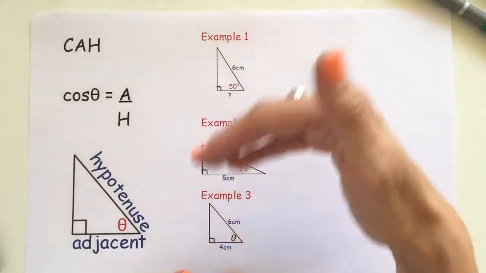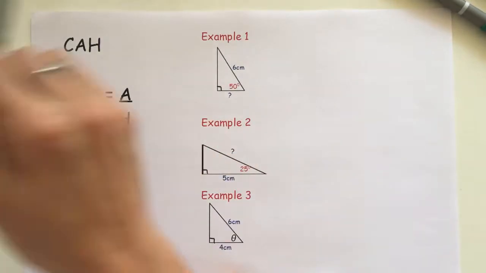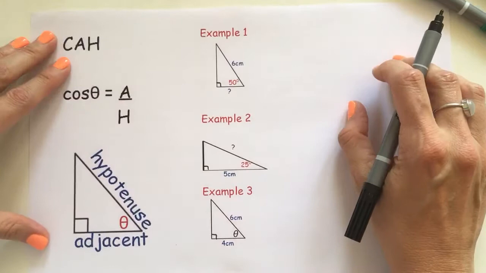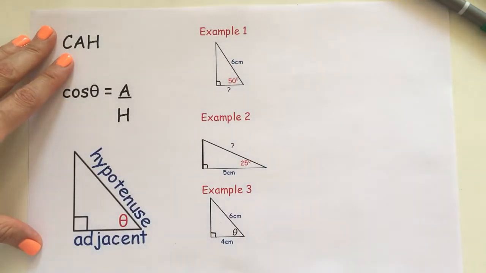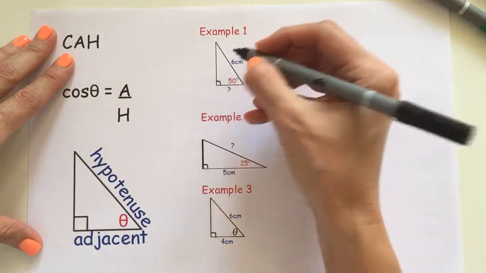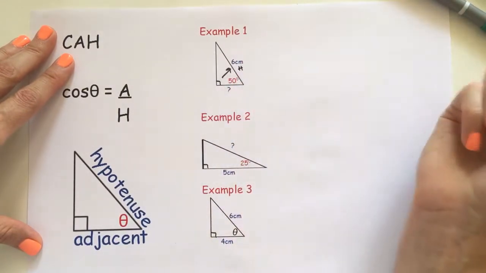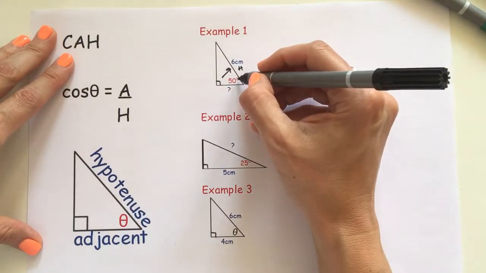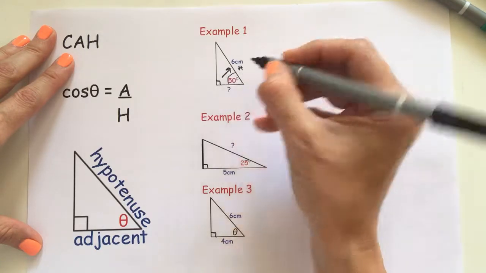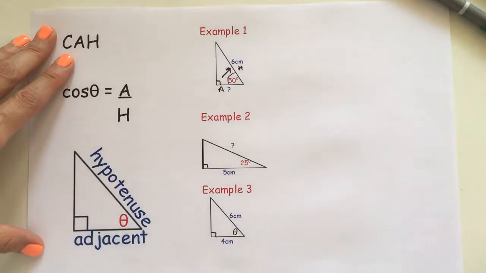Okay, again I'm going to use three examples like I did when we looked at sine theta. And the first of our examples, first of all, label up your diagram. So opposite the right angle is the hypotenuse, and then next to the angle, this is the angle here, next to it is what we call the adjacent.